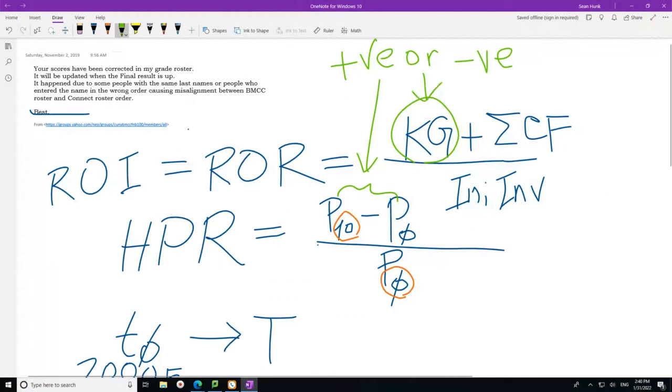And hopefully, let's hope it is positive. And you've been holding this stock for 10 years. And during those 10 years, what do you think has happened? Let me erase this a little. I need some space here.